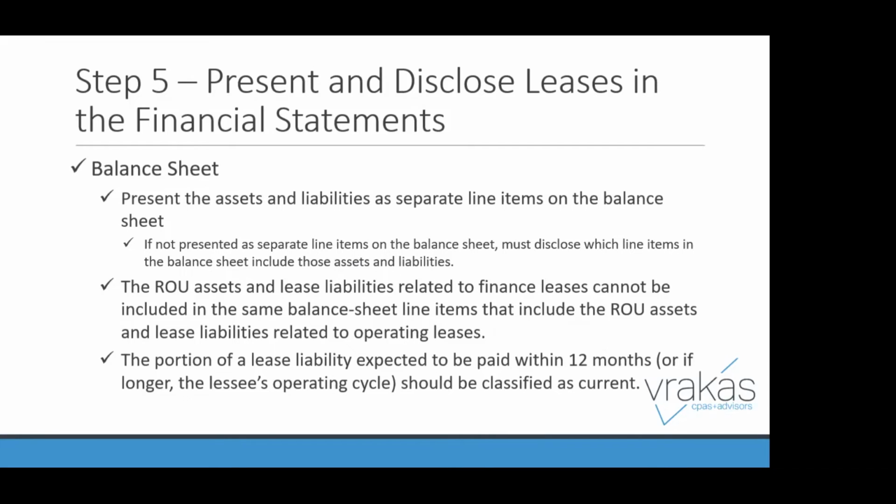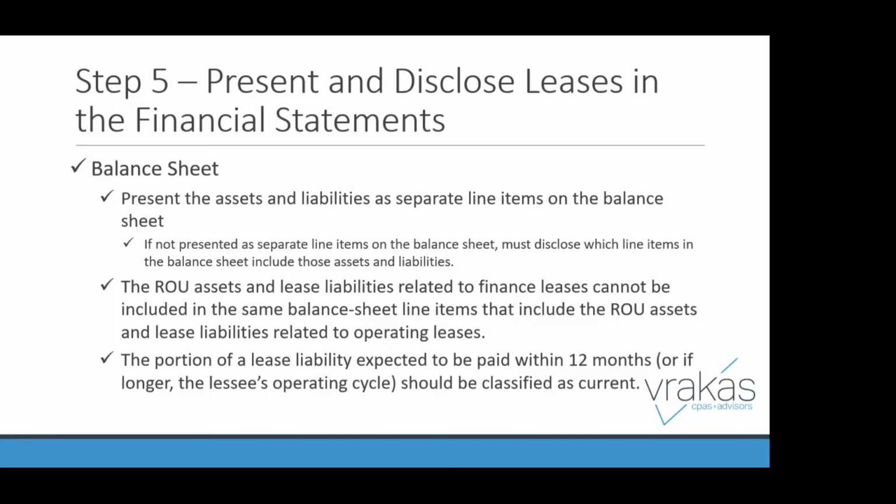If you don't want to present them as a separate line, like let's say you have operating leases, but your operating lease right of use asset is not a huge number and you don't think it warrants its own financial statement line item, you can include it with another line item such as other assets. But if you do that, you have to disclose in the financials which line item those are included in.